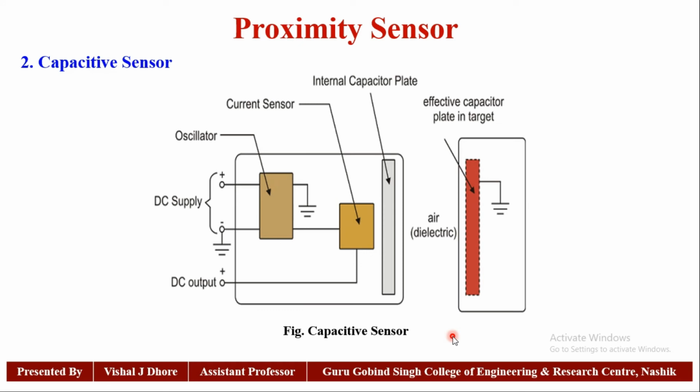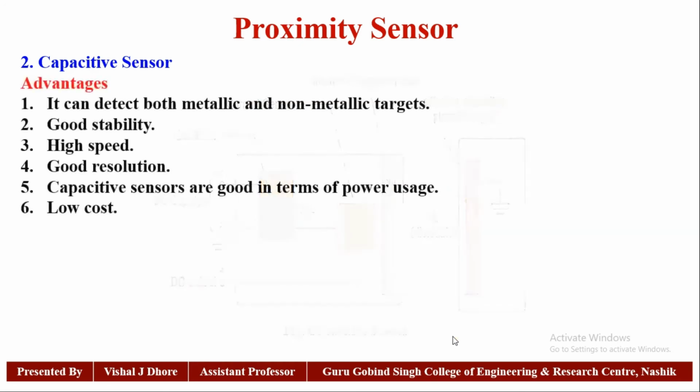Now let us discuss the advantages of capacitive sensors. The first is that they can detect both metallic and non-metallic targets, with good stability, high speed and good resolution. Capacitive sensors are good in terms of power usage, and last is low cost. Now let us discuss the disadvantages.